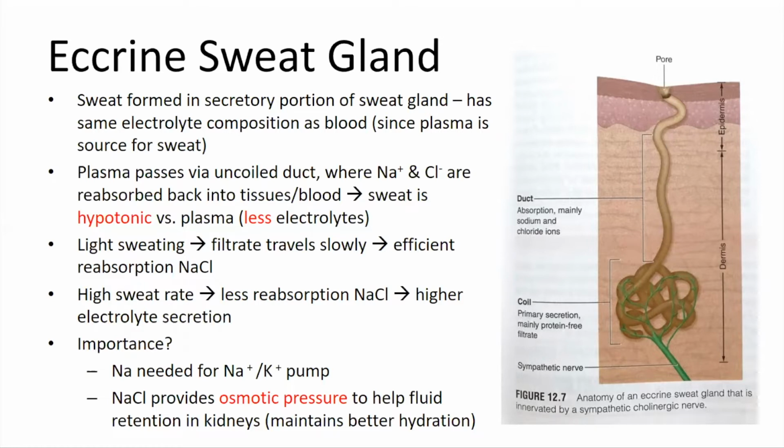So also realize that the sweat rate, the rate at which the sweat is leaving through the duct, is going to dictate or regulate how much sodium can be reabsorbed, because the faster the sweat rate, the less time that the duct has to absorb the sodium.